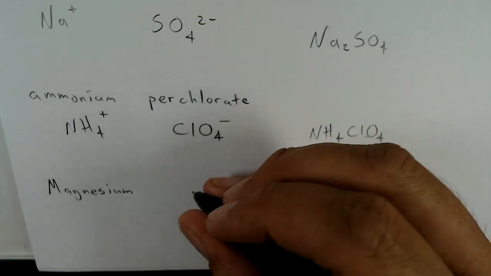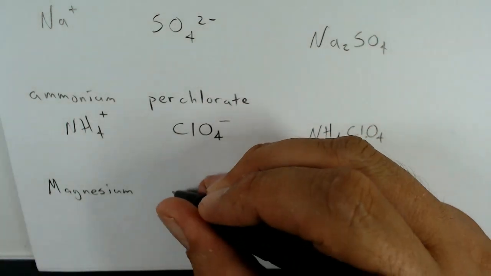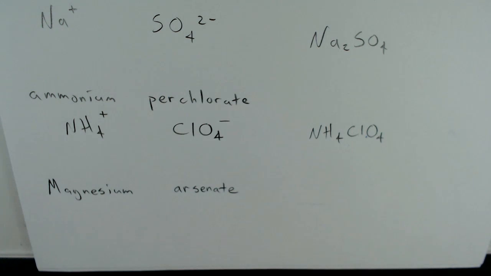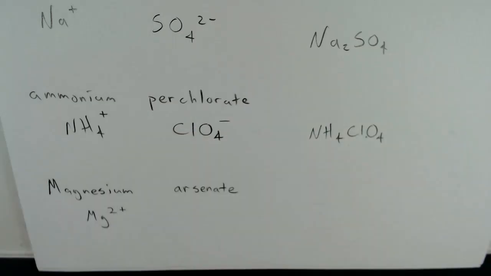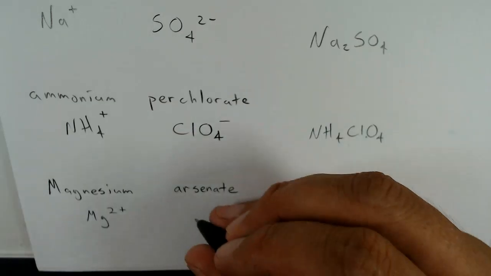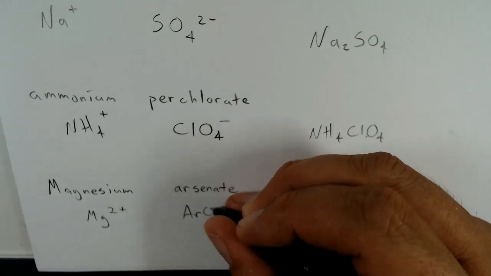Let's just go ahead and go with arsenate. All right, so do you guys remember the charge on a magnesium ion? 2+. We get that by looking at its position on the periodic table. And then arsenate is A.